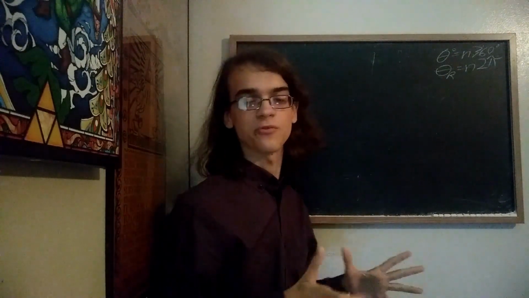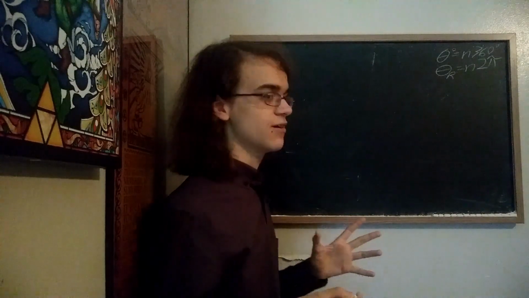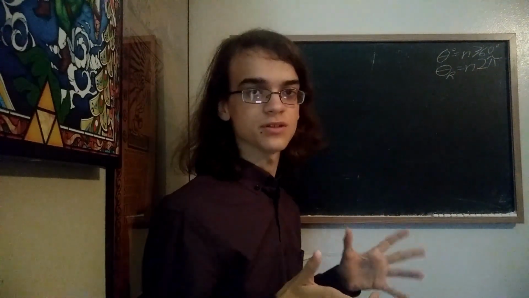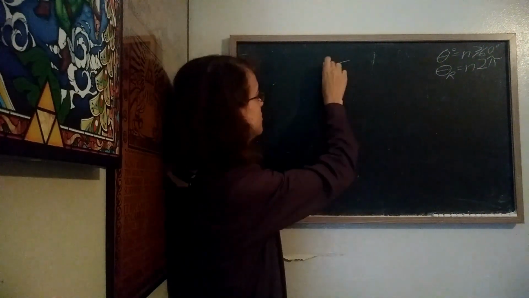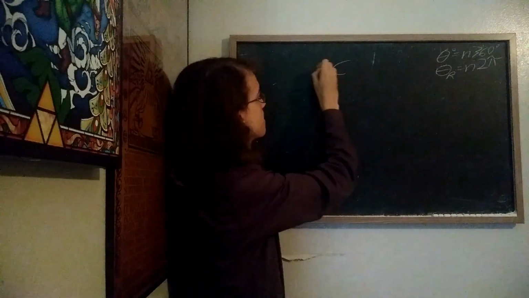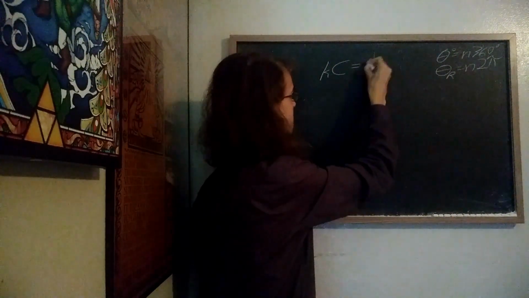Now, to see exactly where this relationship comes from, you have to understand that all circles are similar. So if you have a circle with a certain circumference, let's say circumference C, and you scale it by some factor k, then it will create some new circumference.